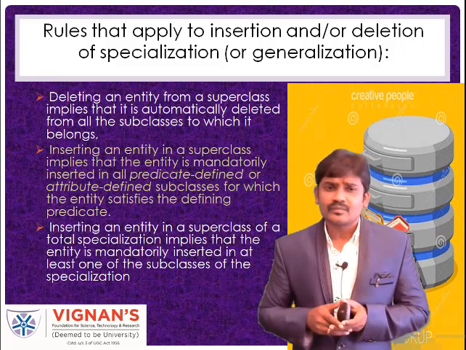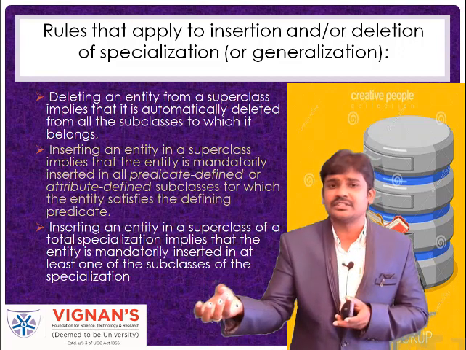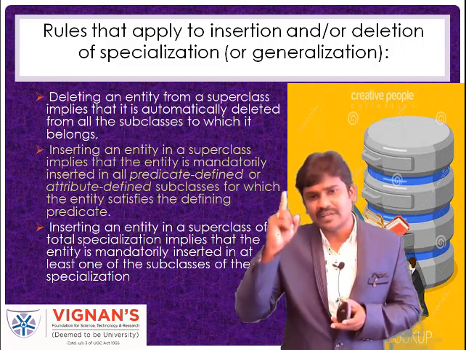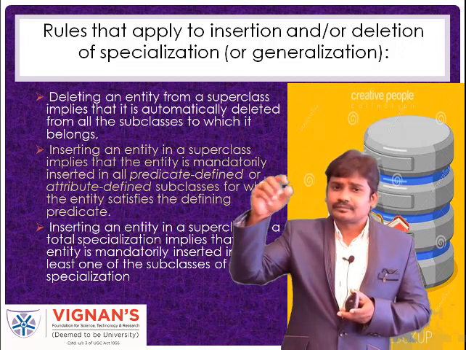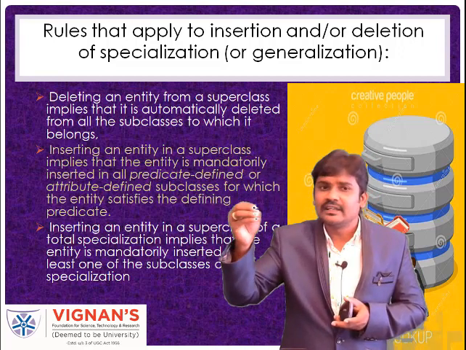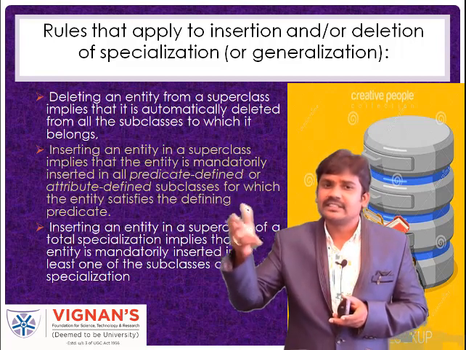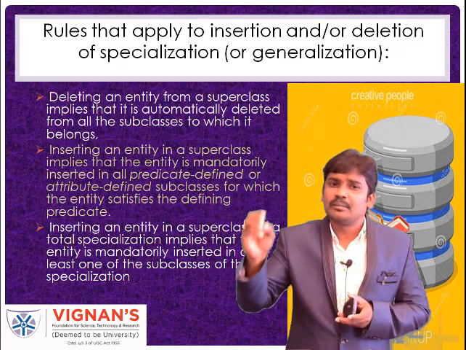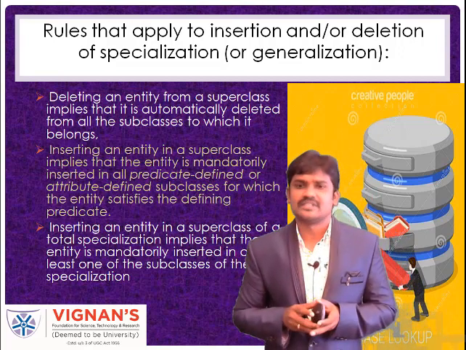And one more possibility: inserting an entity in a superclass of a total specialization implies that the entity is mandatorily inserted in at least one of the subclasses of the specialization. So in two cases: first, inserting an element in the superclass means it must be inserted in all predicate-defined or attribute-defined subclasses. Next, inserting into the superclass of a total specialization means the entity is mandatorily inserted in at least one of the subclasses of the specialization.